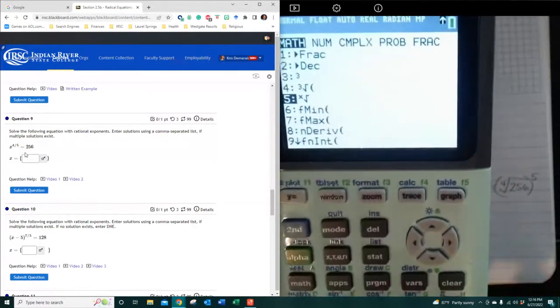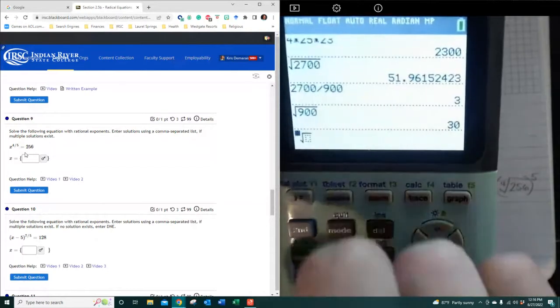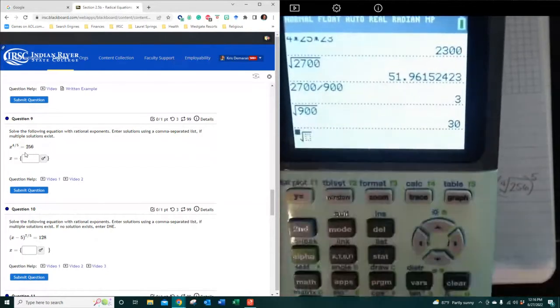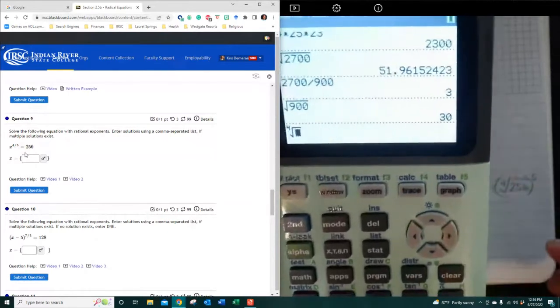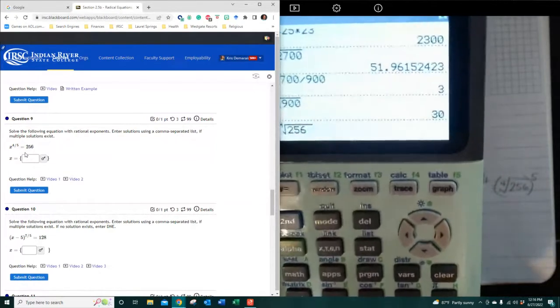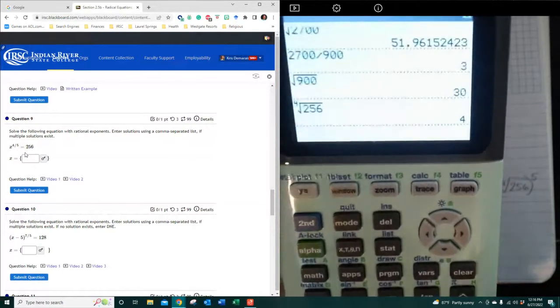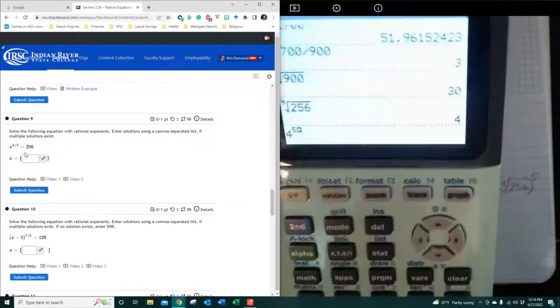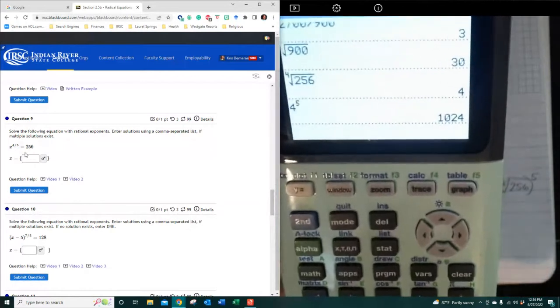When you hit enter, it allows you to change the index of your radical. So we can take the fourth root of 256 and get 4, and then take 4 and raise that to the fifth power. And there's our answer that we're looking for.